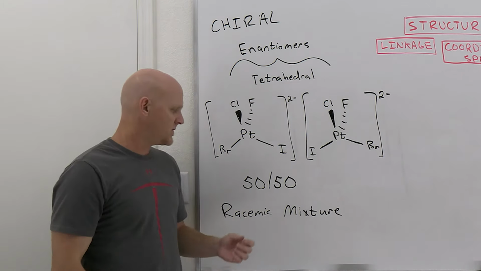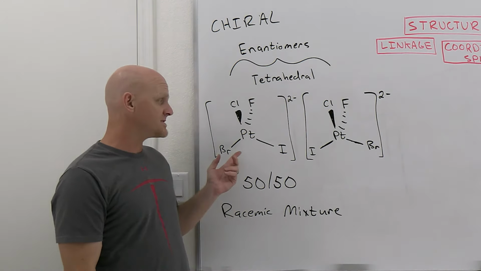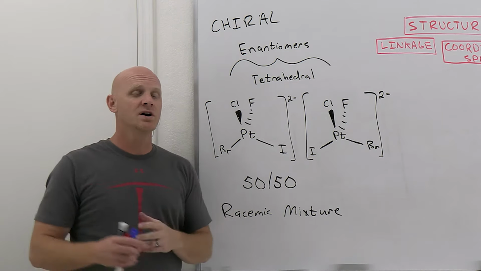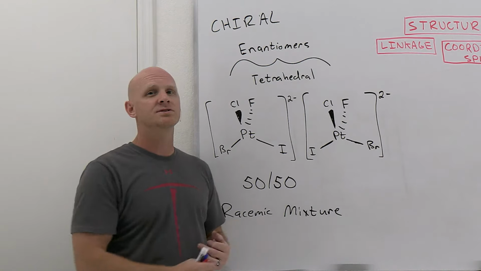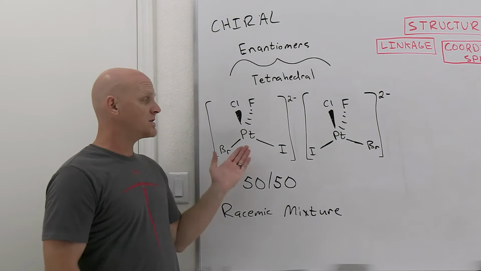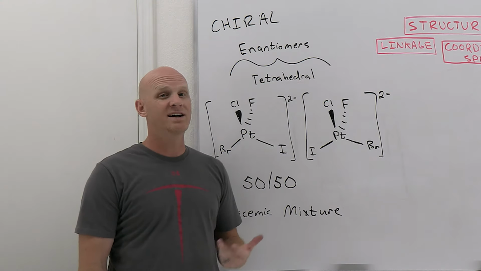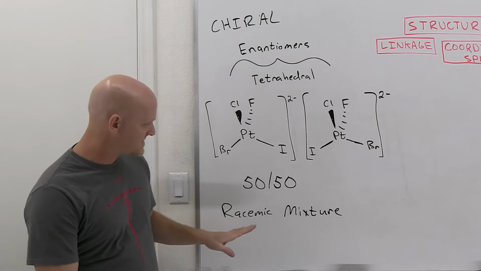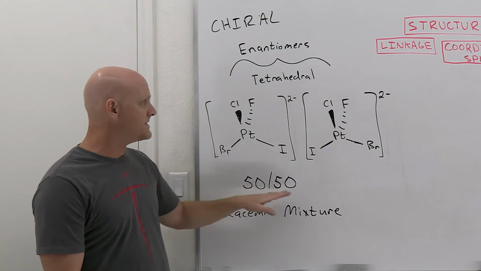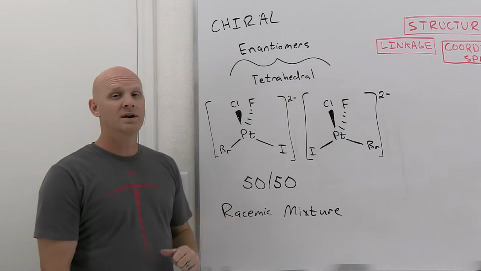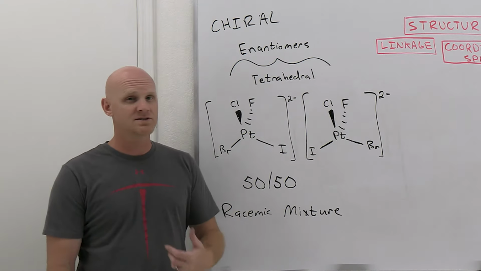Half the ions in your solution want to rotate light one direction, and half of them want to rotate light in the other direction, so the light passes through the entire solution. It should, on average, encounter the same number of each type of molecule, and as a result not be rotated in any net fashion. So these racemic mixtures, a 50-50 mixture of the 2 different enantiomers, end up being optically inactive. It doesn't rotate the light.